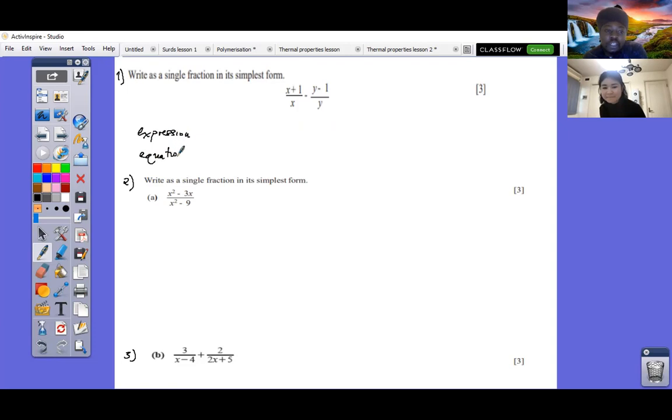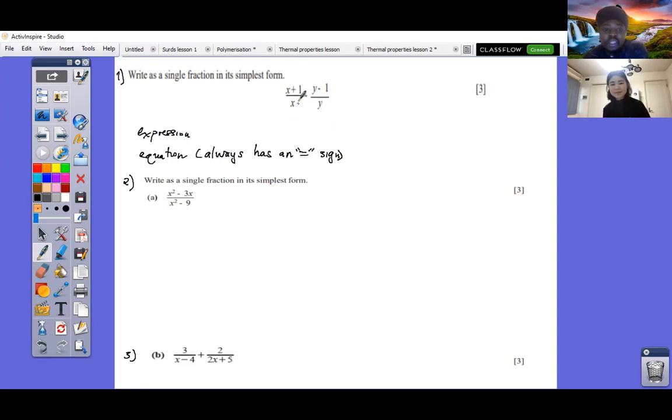Do you know what the difference is? I don't know what an expression is. Okay, so one thing to let you know firstly is that an equation always has an equal to sign. Oh. Yeah. Okay, that's the key thing to know.